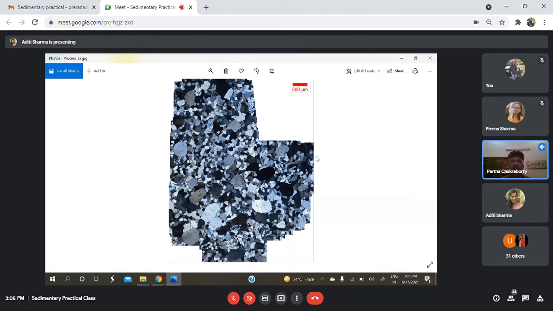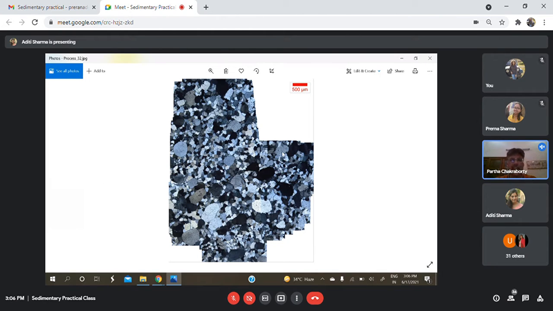Okay, and we interpret it as a quartz arenite, isn't it? Most of the grains are quartz grains, but they are in two size modes. One is the larger mode, the sand mode, and another is the silt mode, isn't it? And then they are cemented, quartz cemented.